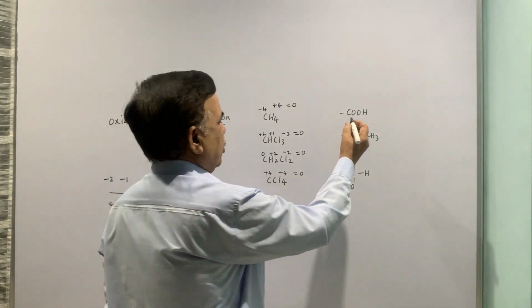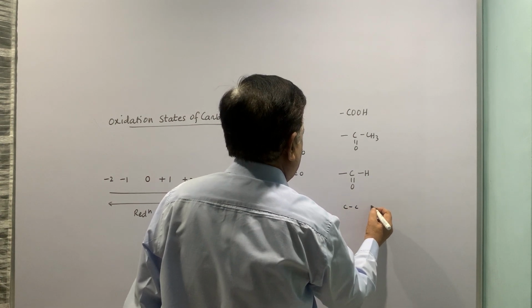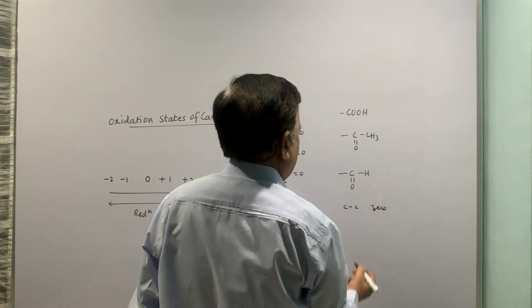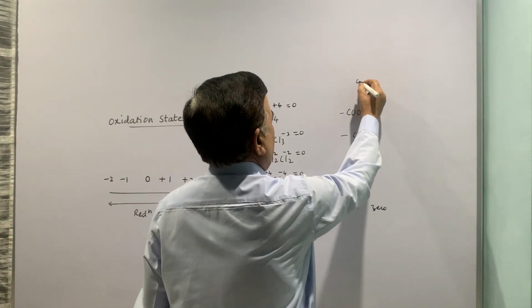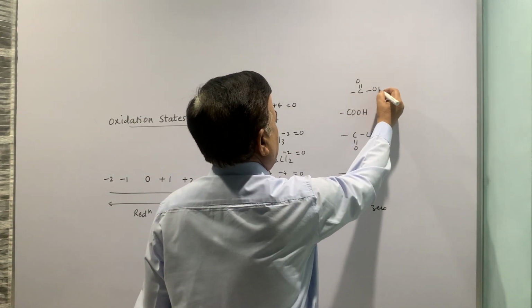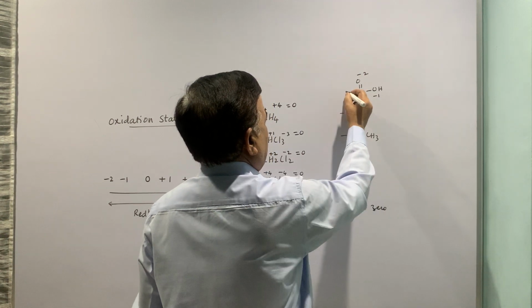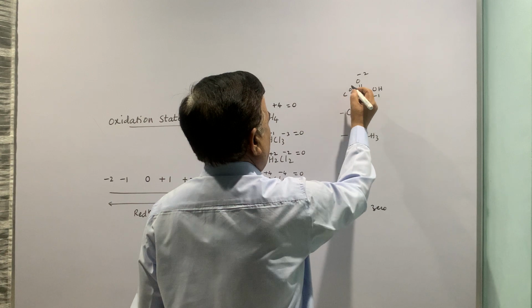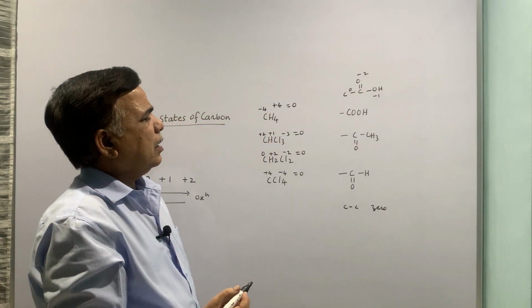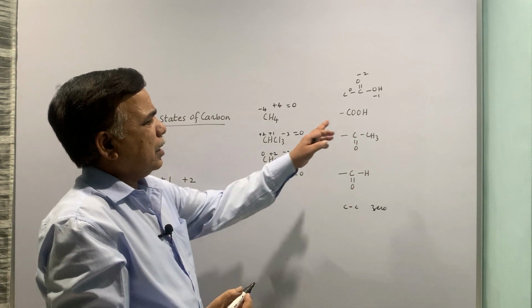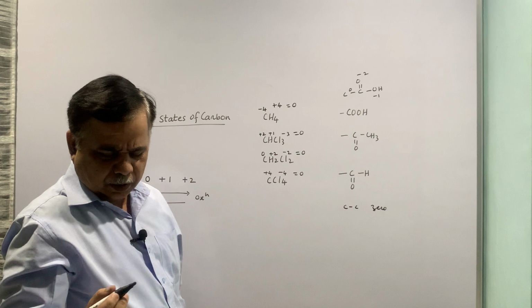In case of COOH, carbon carbon bond 0, C double bond O, OH, this is -1, this is -2, this is carbon carbon is 0. So that is how we have to calculate. So that is -3, so carbon has to be +3 and so on.